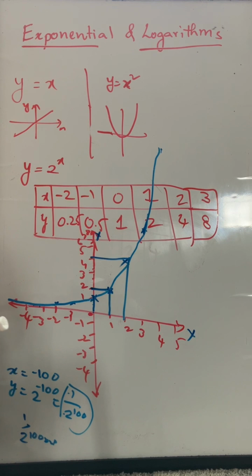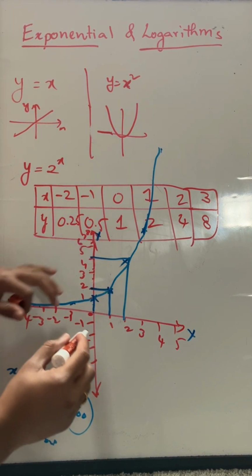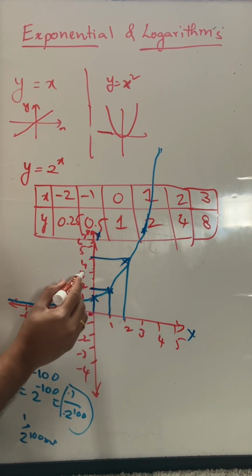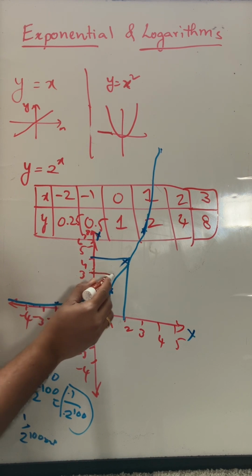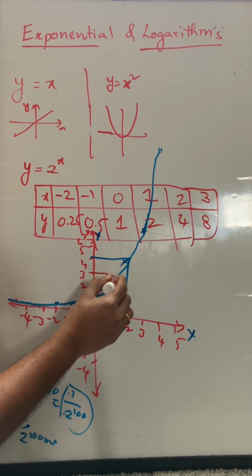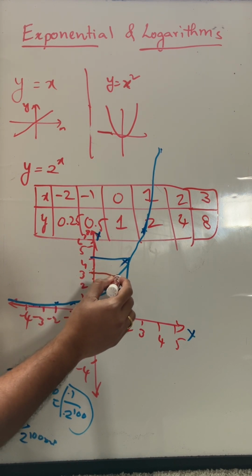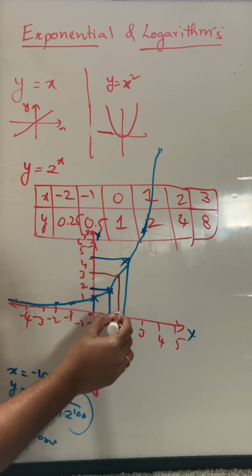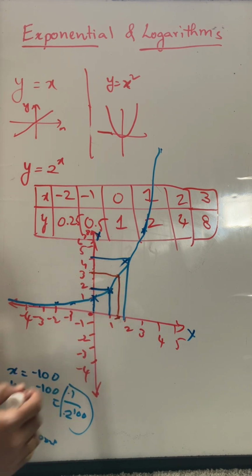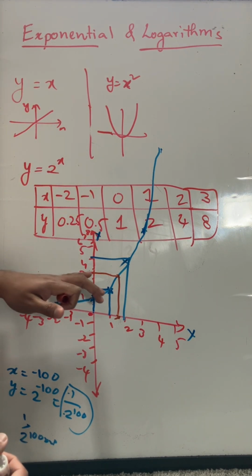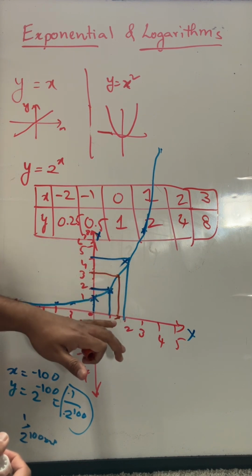I'll use a different color, brown, because we are doing it in a reverse way. When y is 3, we put a dot. This is y 3, and what is the x value? This is the x value. We don't know the x value, but we are doing it in a reverse way. First we pick a y, then the corresponding x.